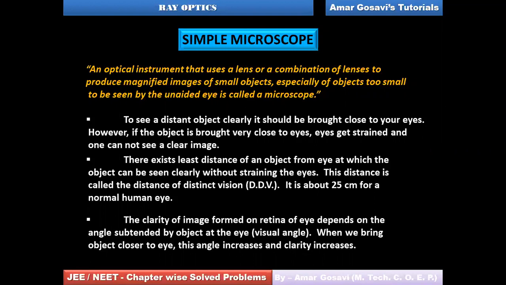So there has to be a judicious point where the object is to be kept so that the eye is least strained. That distance is the distance of distinct vision, and it is 25 centimeter for a normal eye. Make a note of this before we start working on the ray diagrams of simple microscope.